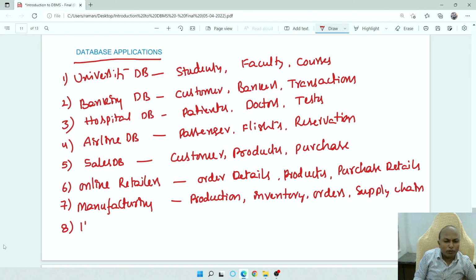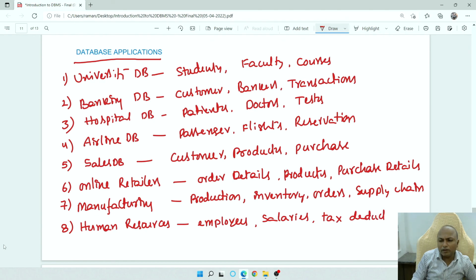And human resources has one table for employees, another table for salaries, and another table for tax deduction.